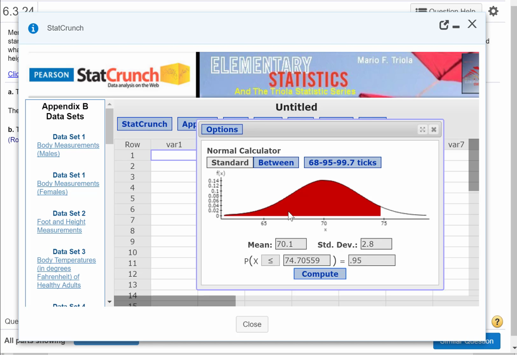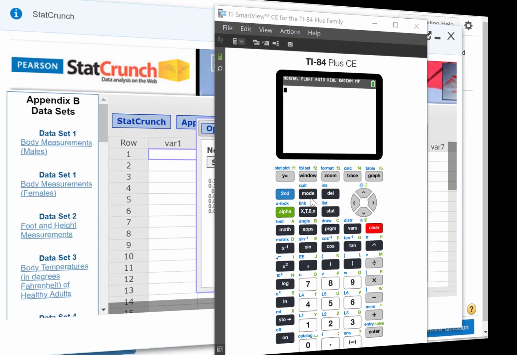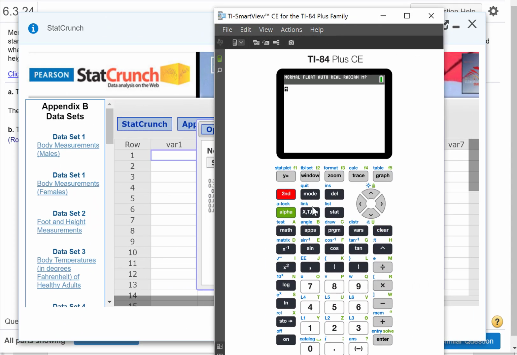This would be very similar on the TI. Let's flip over there and see how this one is done on the TI. So on the TI, I'm going to go to second vars to access the distribution menu. This is an inverse norm. On the previous two problems, we would just use norm CDF, but now I'm going to do inverse norm.